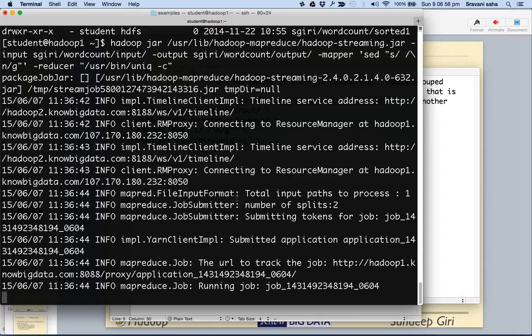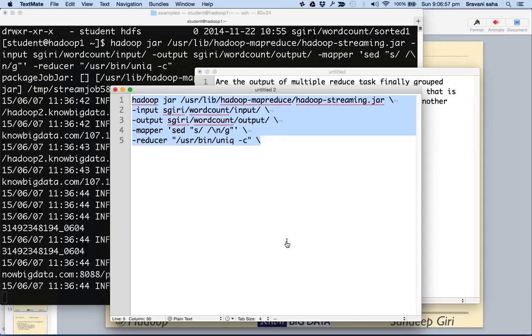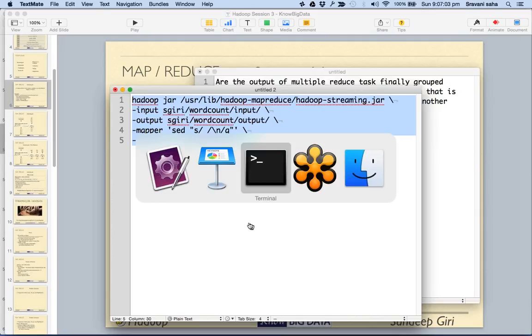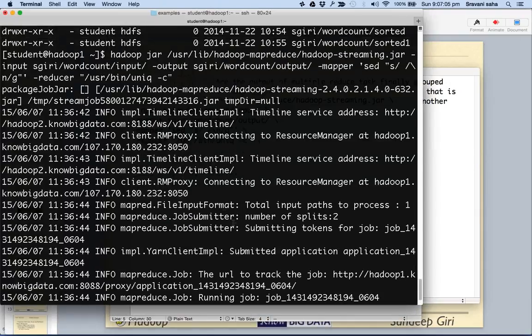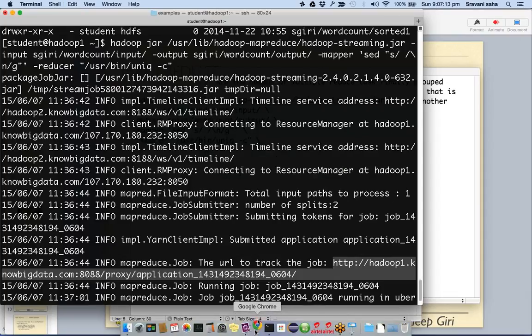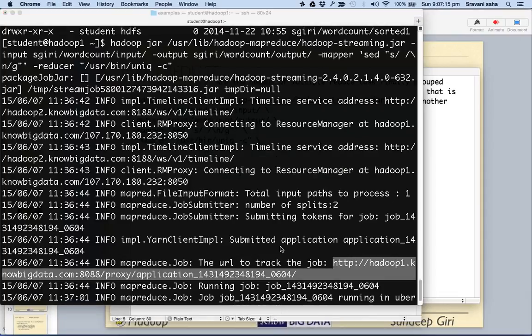So what is it going to do? It's going to put the output in this particular folder. Also note that when the MapReduce starts, it gives us a URL to track the job. Even if we cancel the job, if we press Ctrl C here, the job will keep running and we can track what's going on using this URL.